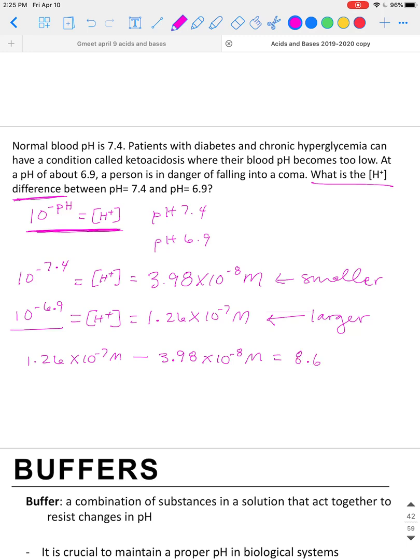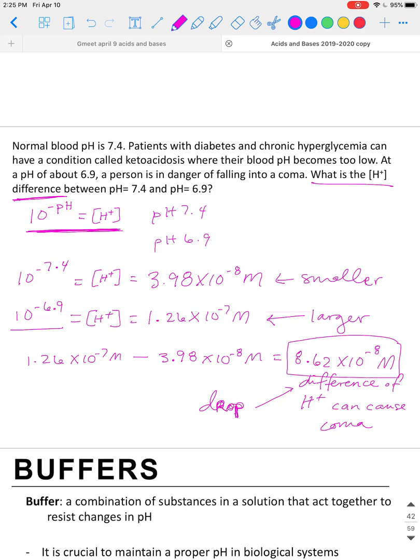When I do that, I got 8.62 times 10 to the minus 8 molar. Instead of difference, we should really say a drop. A drop by that amount can cause a coma.